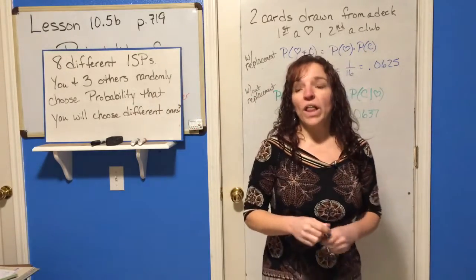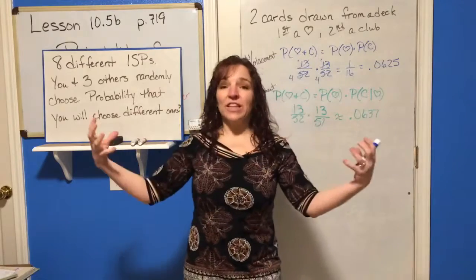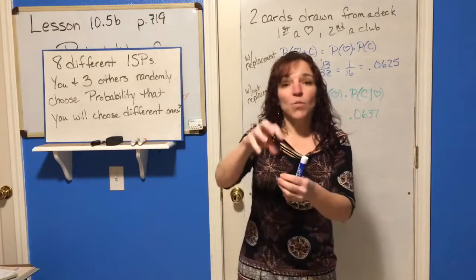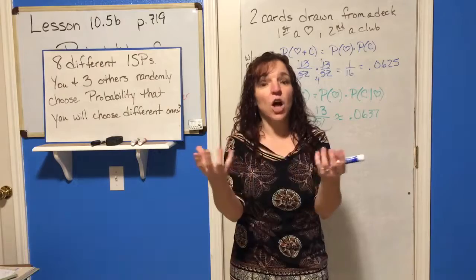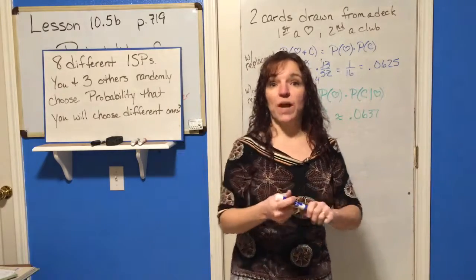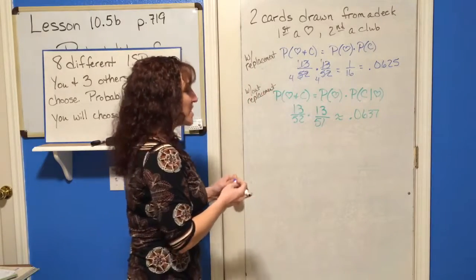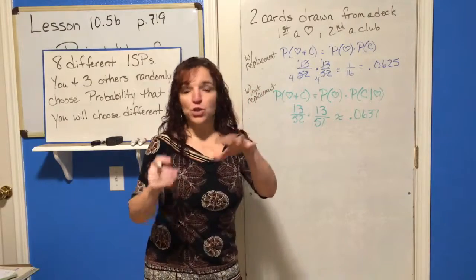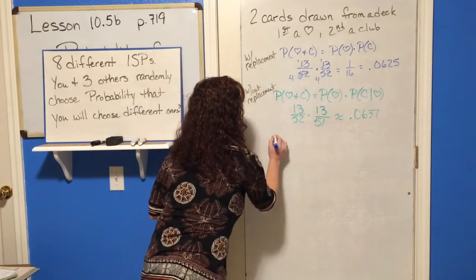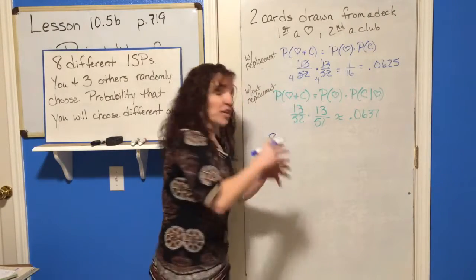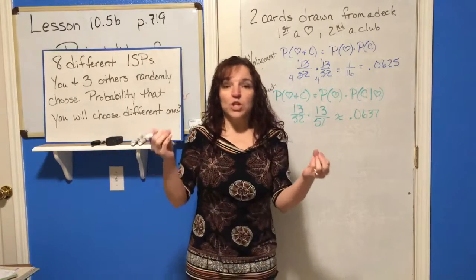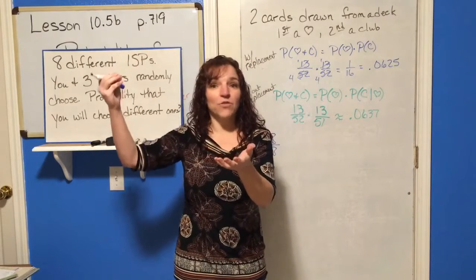If you want to choose differently, that means that once one has been chosen, it's no longer in the options, right? So what you're going to do is this. The probability that the first person chooses a different one is going to be 8 out of 8 to choose from. Then you take that one out of the running.